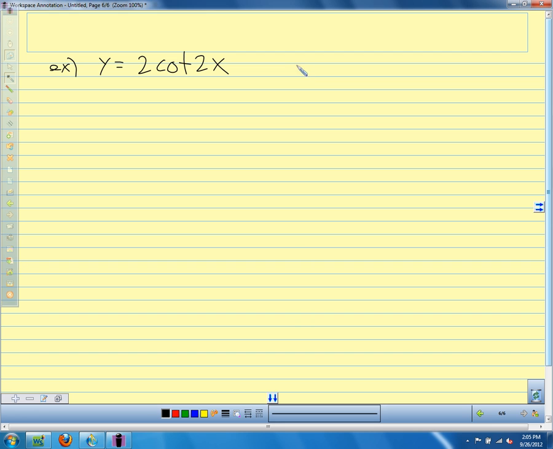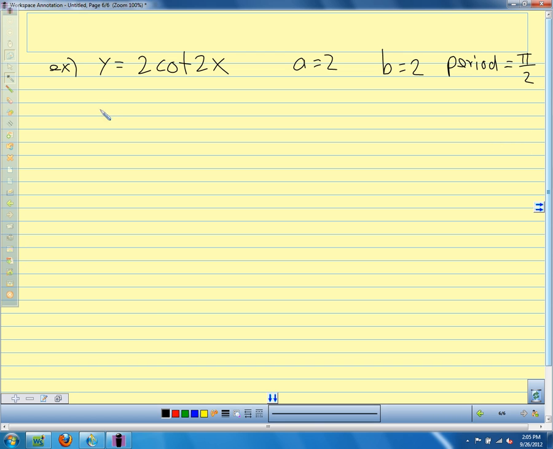So we know that a equals 2. That tells us our vertical stretch or compression. b equals 2. So our period equals pi over b. So our period is pi over 2.